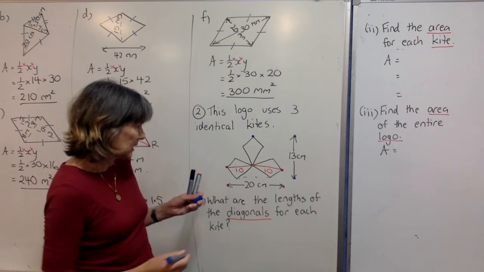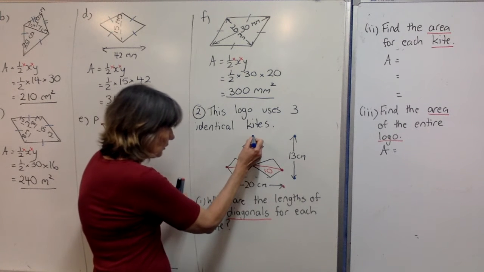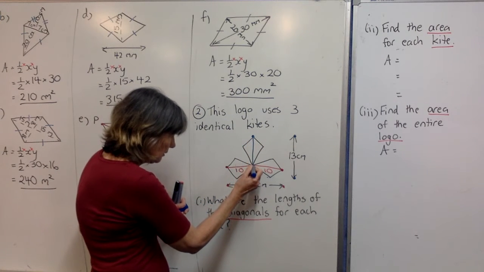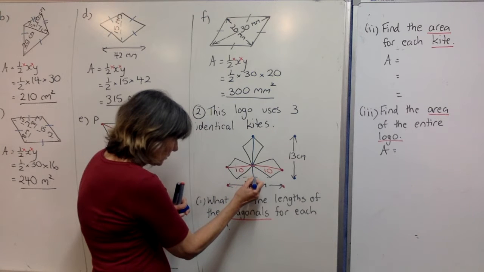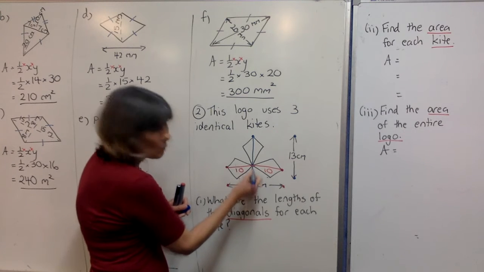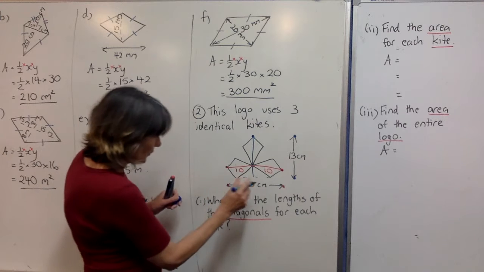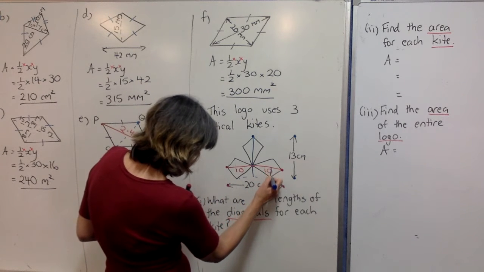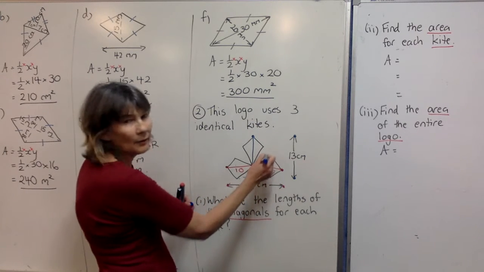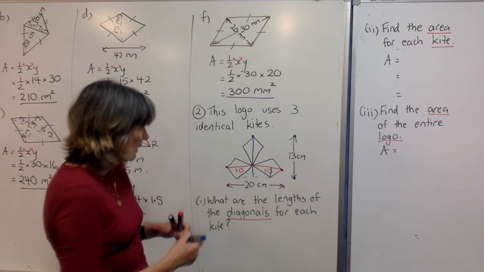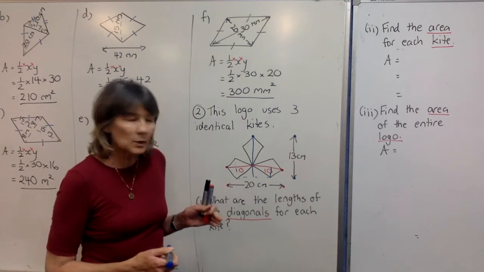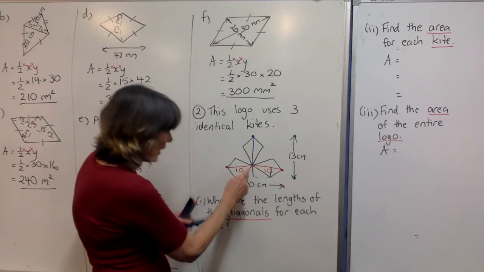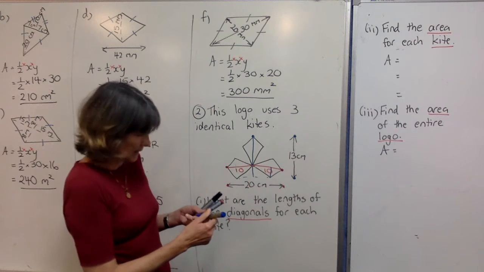Now what have we done to get there? Well, we've gone straight down, and then we did this little bit as well. Now that little piece there, if you move it over a bit, is here. So it's actually half of that diagonal. Now because these are all identical kites, the long diagonal of the kite we already know is 10.